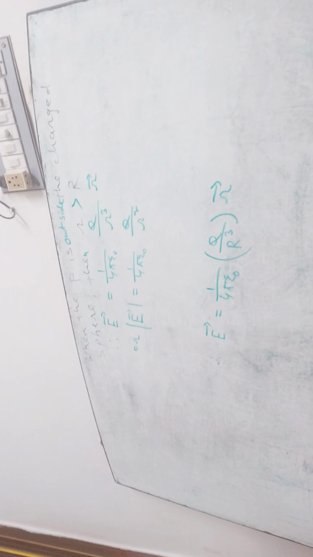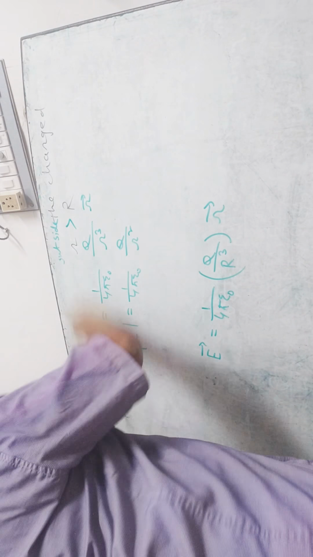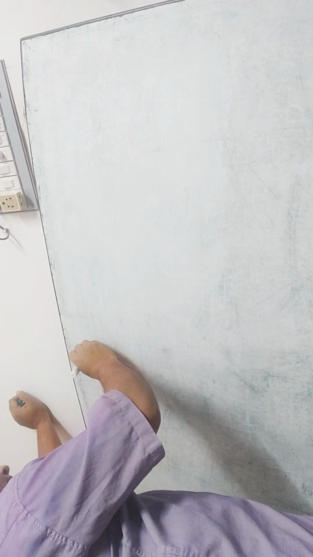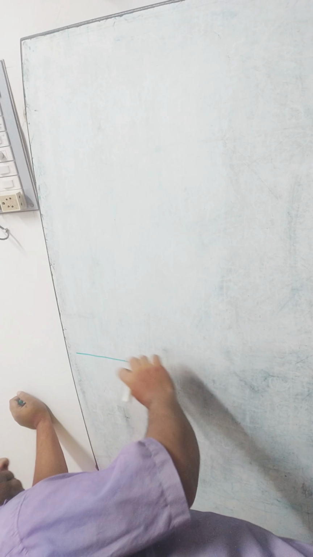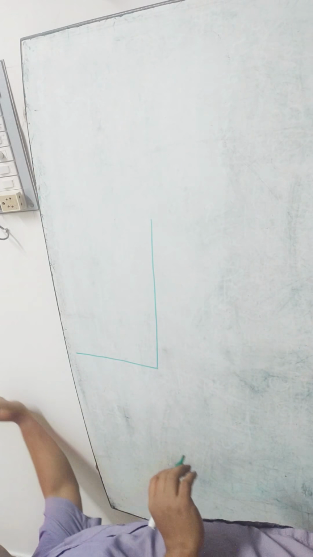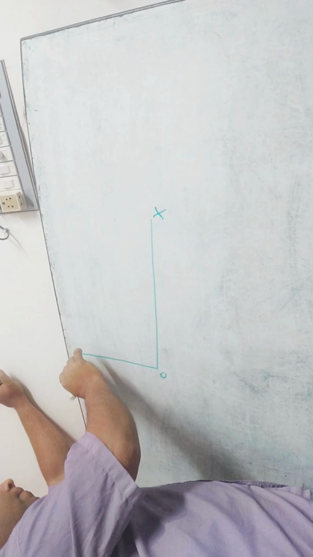Now we can draw the electric field versus position vector from the center of the solid charged sphere, with axes OX, OY.